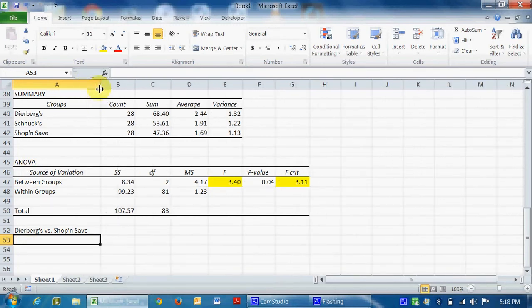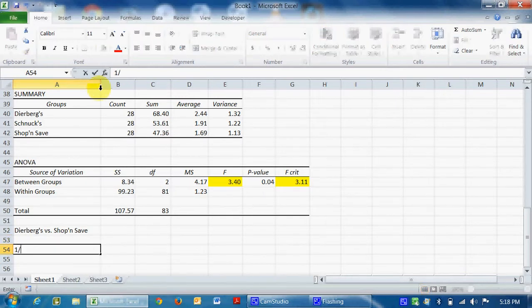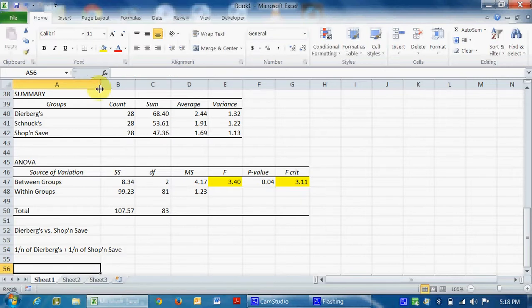And then I'm going to go down 2 lines, and I'm going to go 1 over n of Dierberg's plus 1 over n of Shop and Save. I'm going to go down 2 more and go S.E., which you remember is standard error.